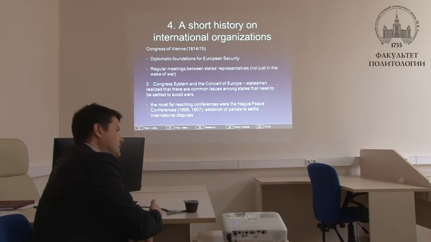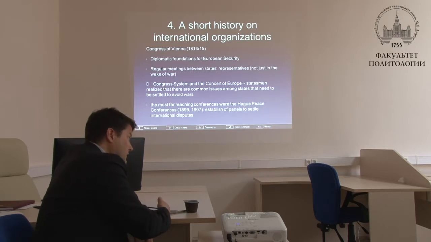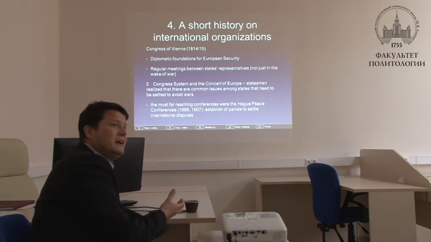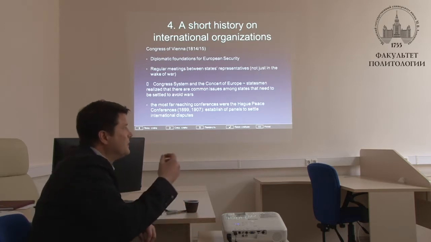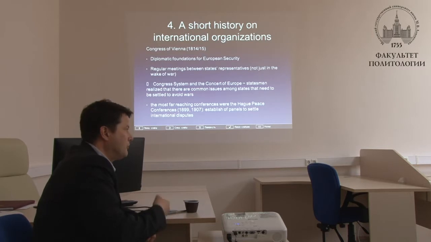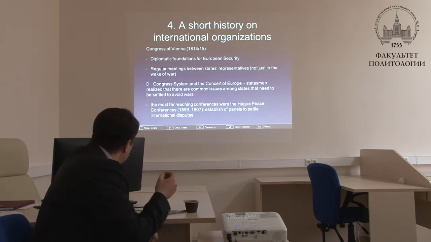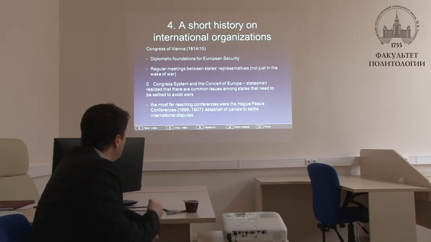In former times, there were exchanges, there were representatives meeting, but just in the wake of war. This idea after the Congress of Vienna was to have this kind of regular meeting, of regular diplomatic exchanges. Also as an idea to prevent wars, to prevent conflicts between states.